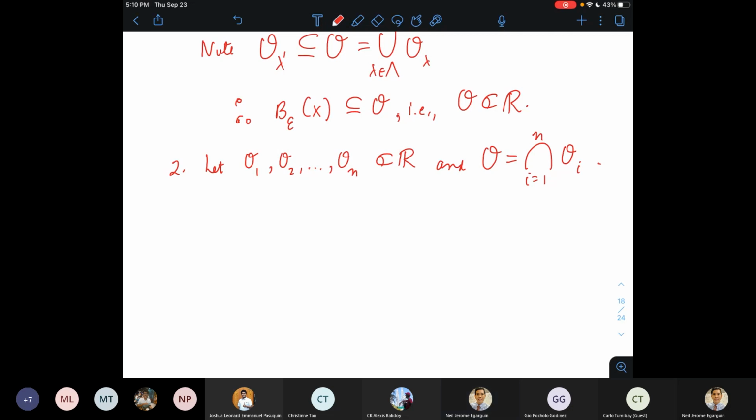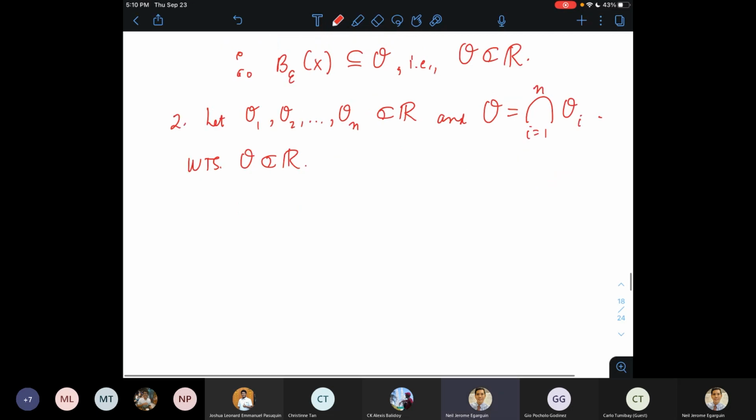Okay? Now we want to show that O is open in R. So ibig sabihin lang, kailangan ko na naman kumuha ng isang test element, arbitrary element of O, and I want to find an epsilon neighborhood that belongs to O, or that is properly contained in O. So let's do that. Random element.